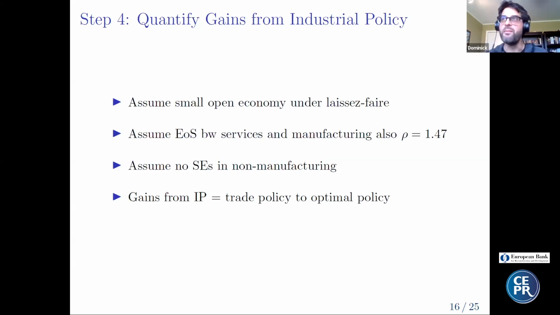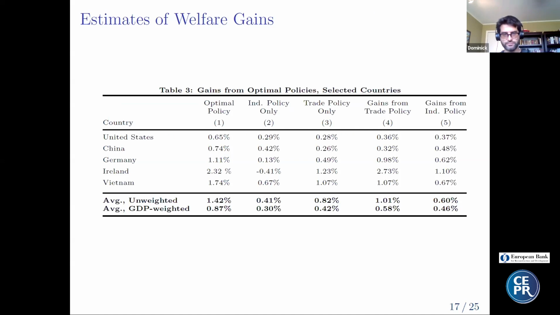Imagine that the policymaker doesn't know that there are scale economies. They're living in a country that has external economies of scale. They're doing the optimal trade policy, and then they read our paper, and they say, oh, wow, I could do better, and they implement the optimal industrial policies. That's what we define as the gains. There are other ways, but that's what we'll do for now.